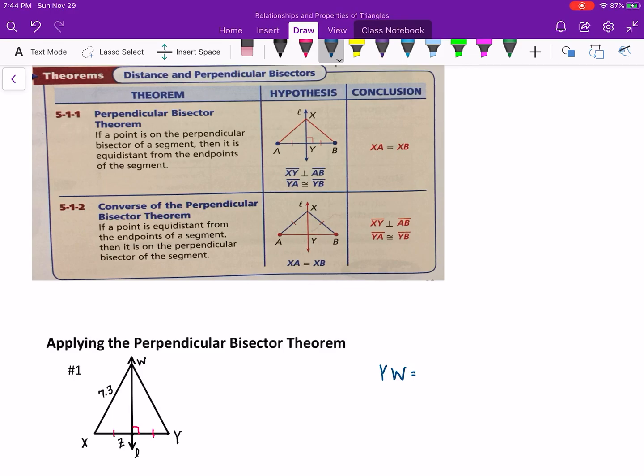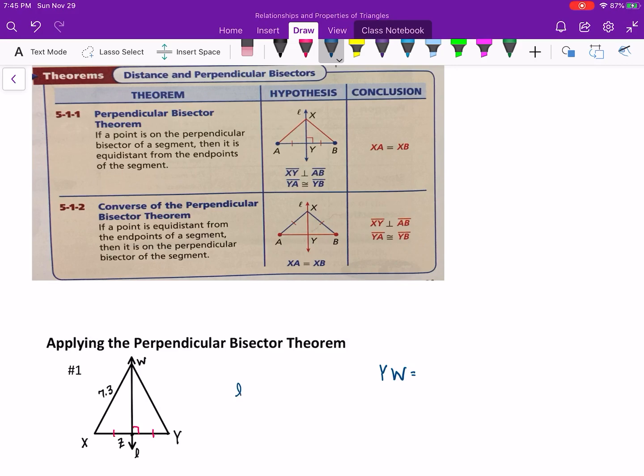I have a triangle there. From the picture, you can see that line L is perpendicular to segment XY, and it also cuts XY into 2 equal pieces. So in other words, it is the perpendicular bisector.